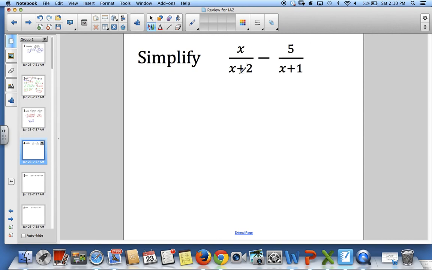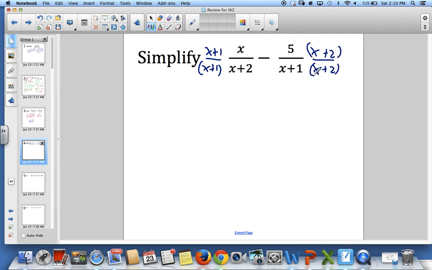Simplifying here, we have two fractions with non-common denominators, so we have to get common denominators. So what I'm going to do is, basically, I have to multiply. The common denominator is going to be x plus 2 times x plus 1. So this needs an x plus 1. So I do this. And this needs an x plus 2.